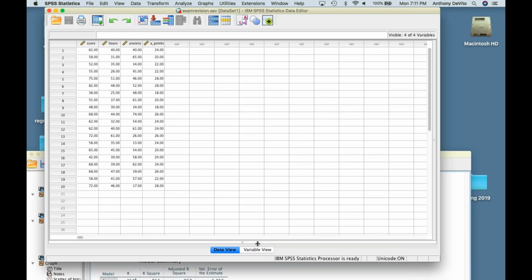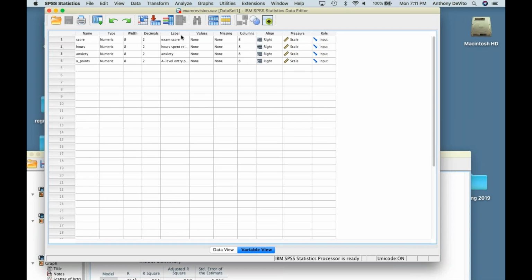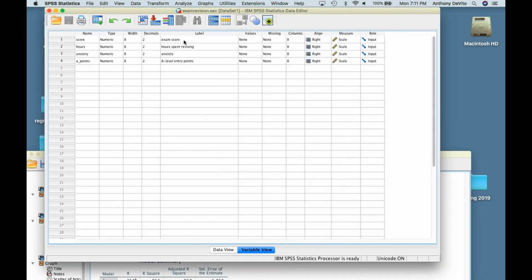Okay, so let's take a look at these variables. They're all numerical variables. Let's see what the labels tell us. The top line is a person's score on an exam. Second line is the hours he spent revising for the exam. Third one is his level of anxiety, however that was measured numerically.